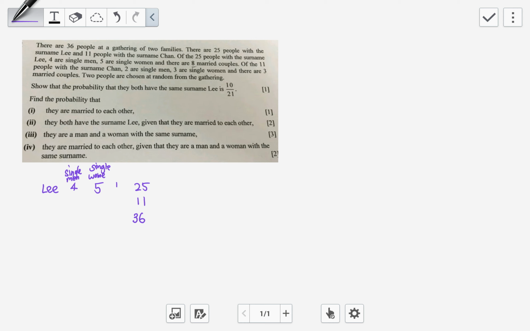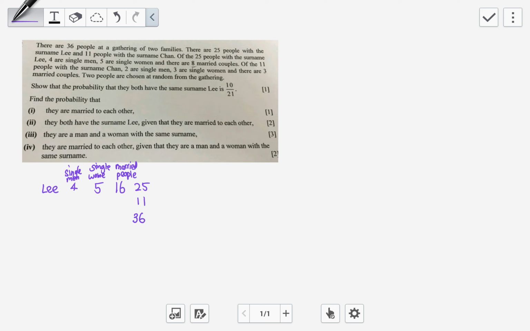So 8 twos are 16, 16 plus 5, plus 4, is 25. Then it adds up. So sometimes the phrasing of the question may be a bit ambiguous, but if you try to write some things out, then you can use logic to reason out what the paragraph actually means. So then these are 16 who are married people.